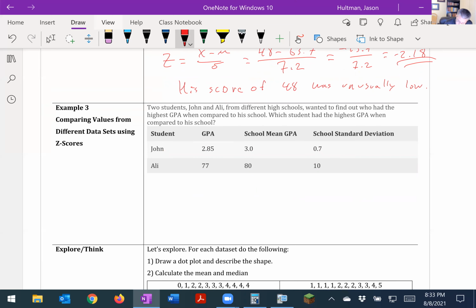We can't compare apples to apples here because John's GPA is calculated on a 4-point scale, but Ollie's GPA is calculated on a 100-point scale. Right now they're apples to oranges. They're on different scales. So we've got to get apples to apples so that we can compare the z-scores.